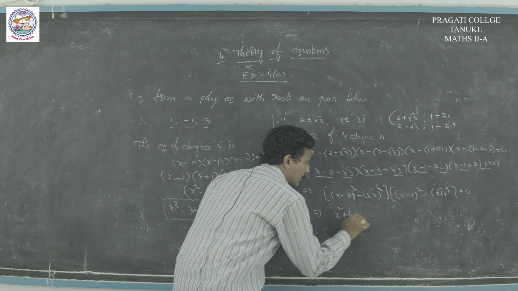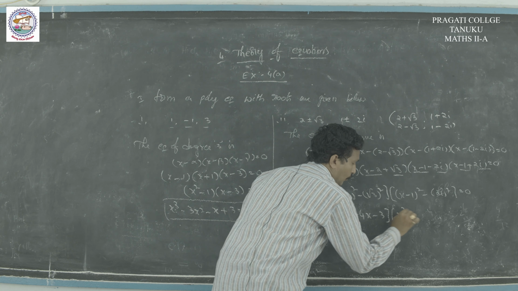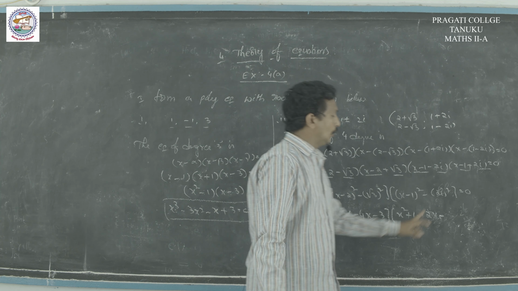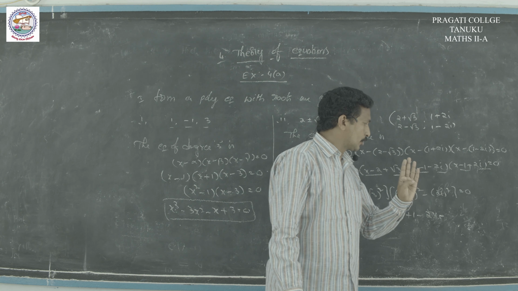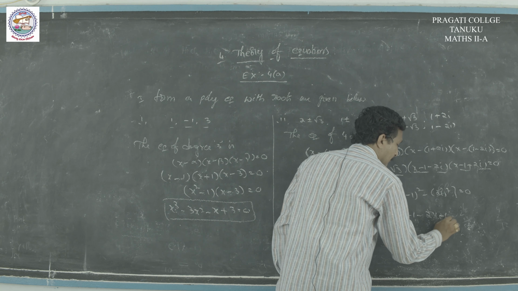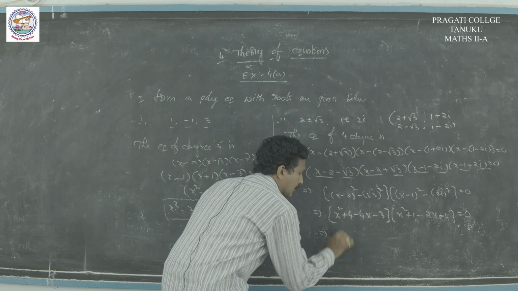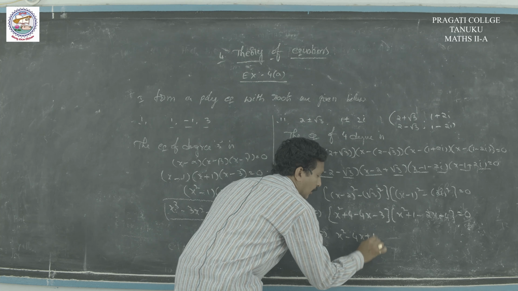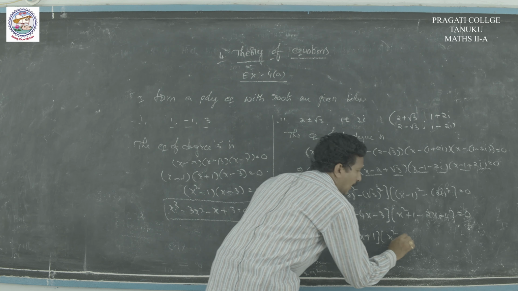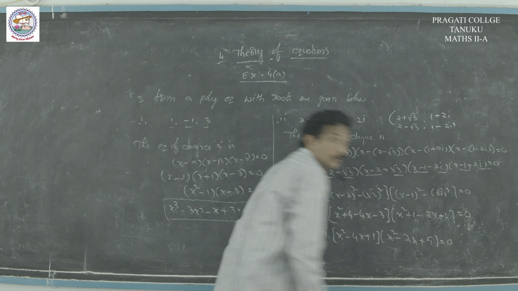That gives x square plus 4 minus 4x minus 3, into x square plus 1 minus 2x, minus 2i whole square. 2 square means 4, i square means minus 1, minus 4 times minus is plus. Okay, x square minus 4x plus 1 into x square minus 2x plus 1 plus 4, that is plus 5, is equal to 0.